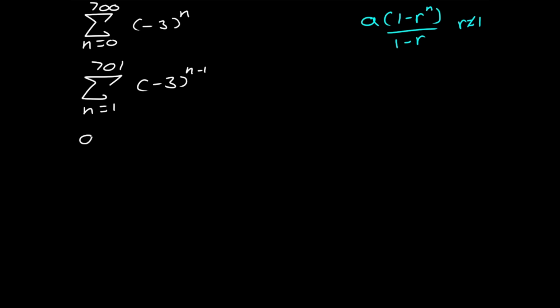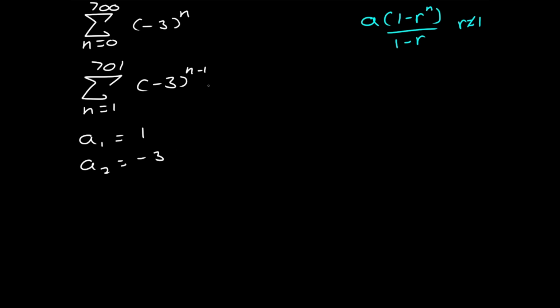We can plug in for our a sub 1, this is our first term. If we were to plug in a 1 into this equation, negative 3 raised to 1 minus 1, that'll get us negative 3 raised to 0 in parentheses, which is actually just going to equal 1. If we were to do the second term, a sub 2, if we were to plug in negative 3 raised to 2 minus 1, that would give us negative 3.